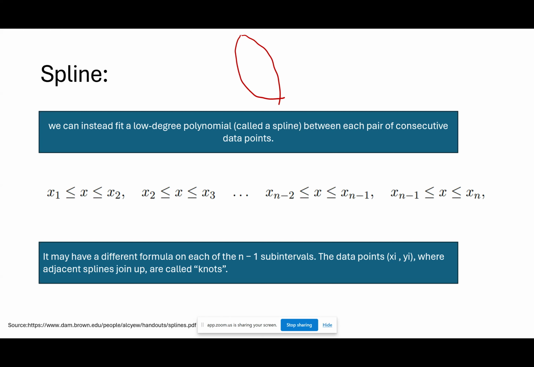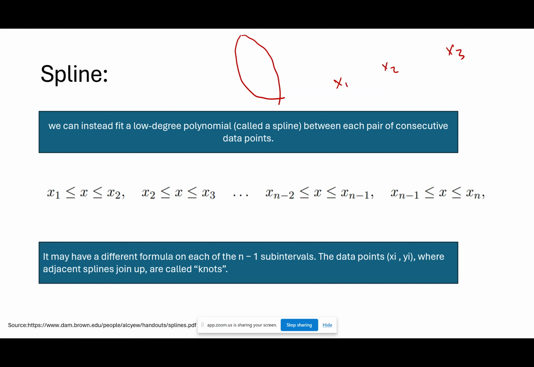So what splines do is, instead of fitting an nth order polynomial to the given endpoints, for every pair of intermediate points x1, x2, then x2, x3, fit a cubic polynomial. That is nothing but the spline. Definition of the spline: let's say x1, x2, and x3.